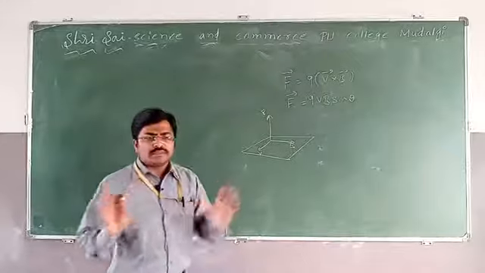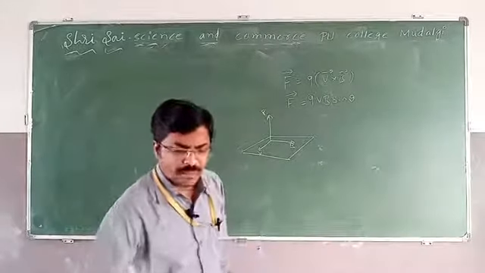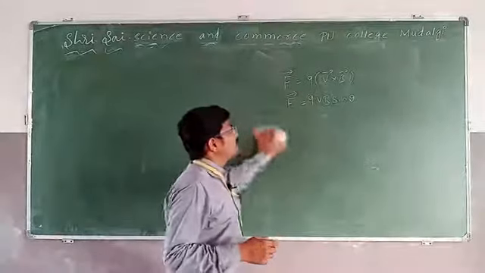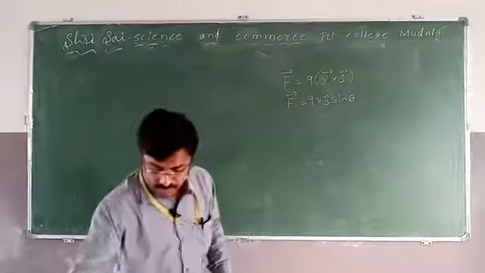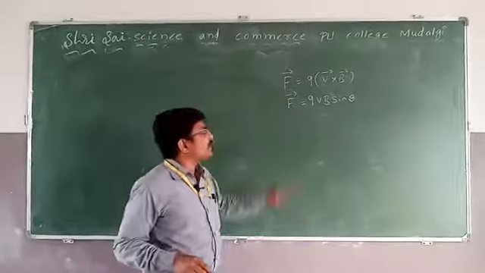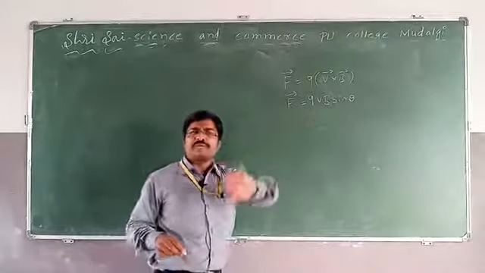This is just a brush up of your memory. We already discussed it in detail. Next, I also discussed some properties regarding this magnetic force: when the magnetic force is maximum and when it is minimum.